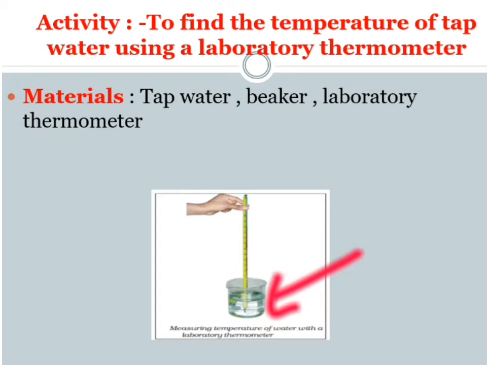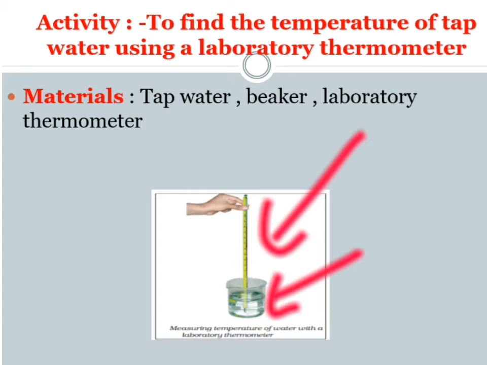Dip the laboratory thermometer in the water in such a way that the bulb of the thermometer is immersed in water, but it does not touch the bottom or sides of the beaker.